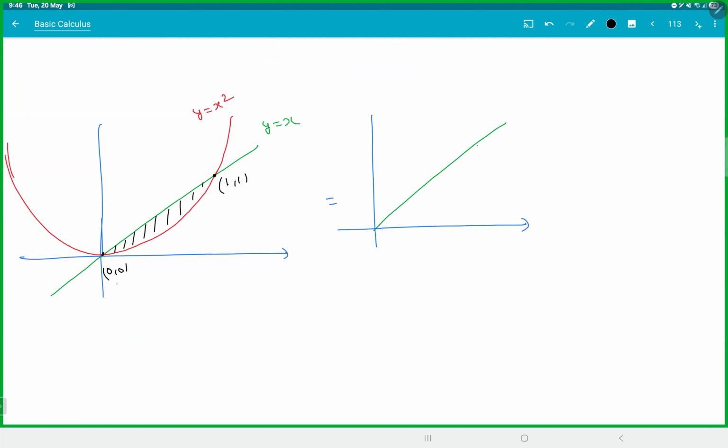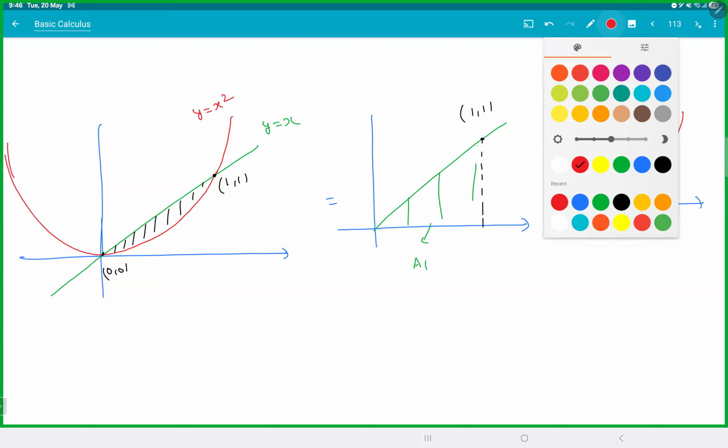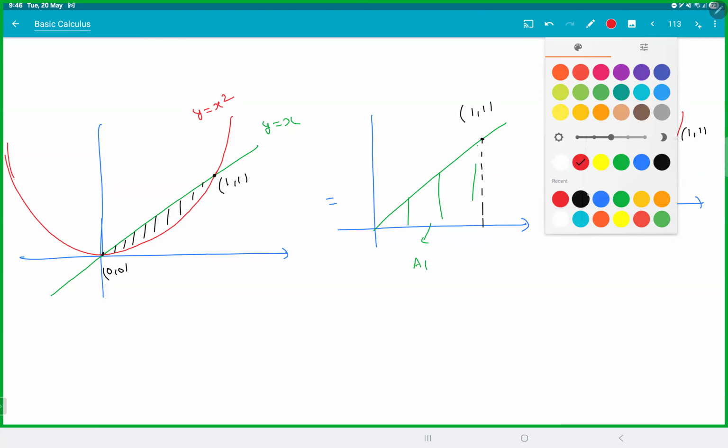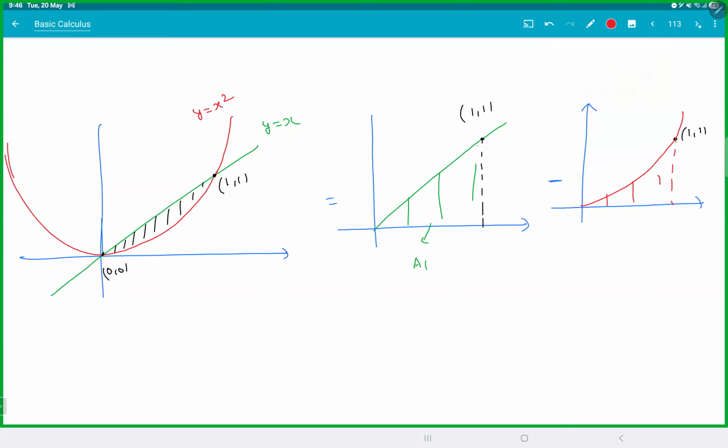And 0, 0. So I will find the area from 1, 1. This area, let's call it A1. And I will subtract, up to 1, 1, this part, I will find the area under this guy. Let's call it A2. So can I say the area enclosed is A1 minus A2?